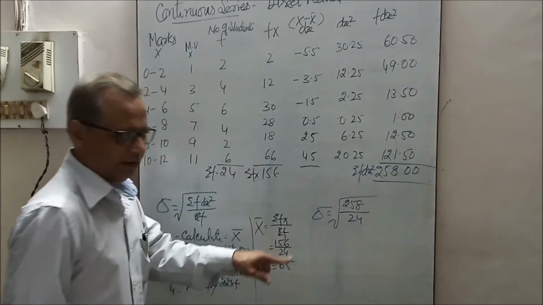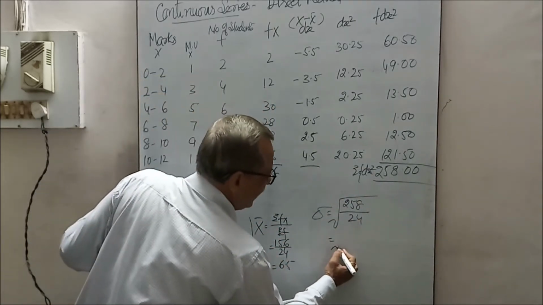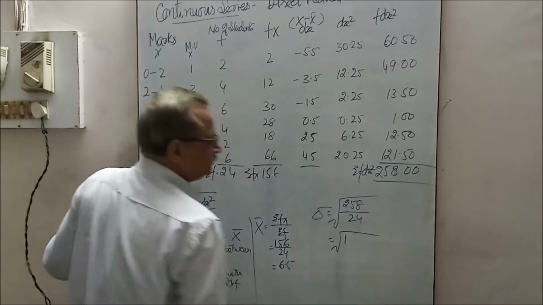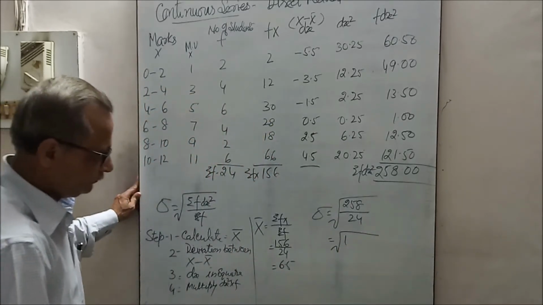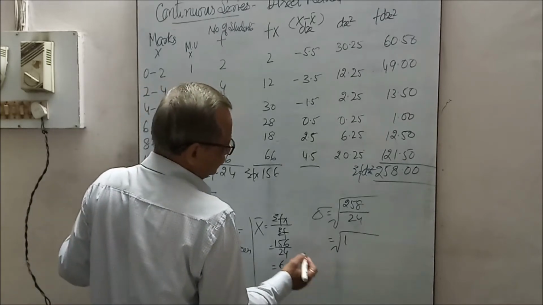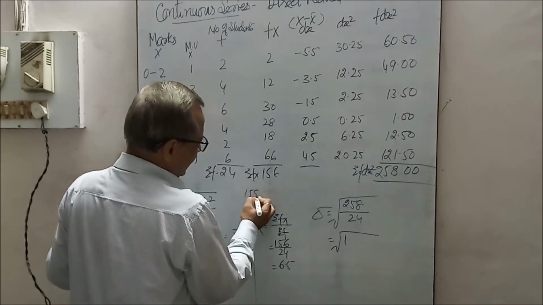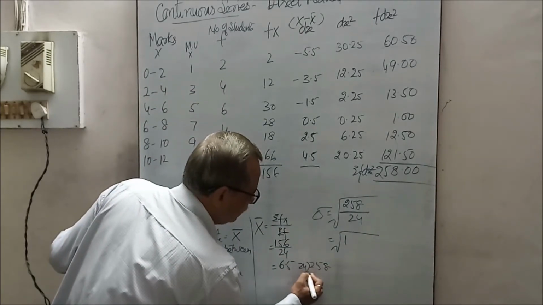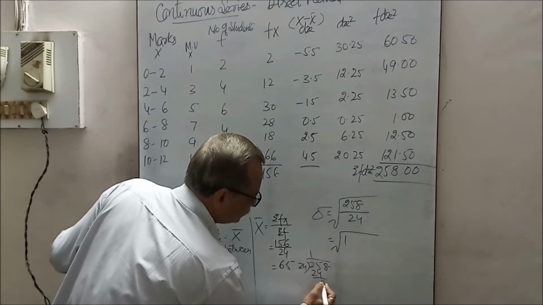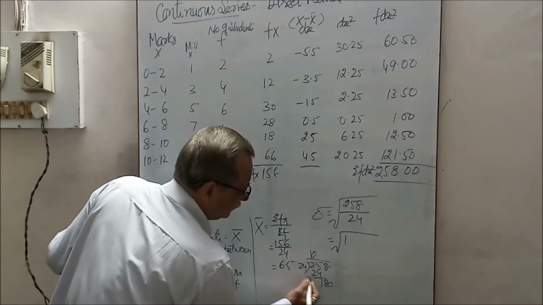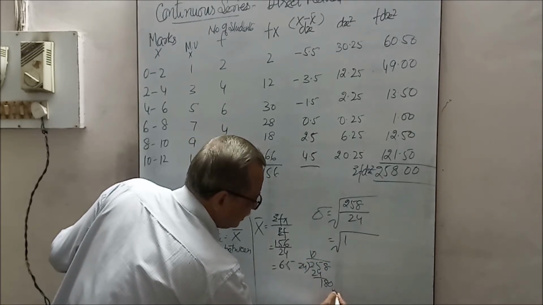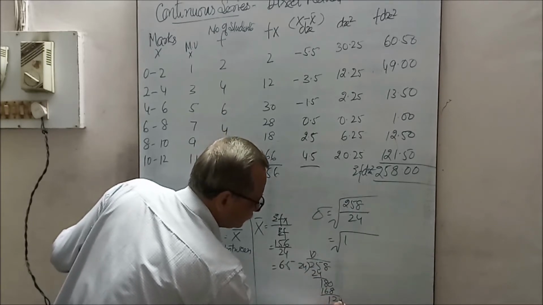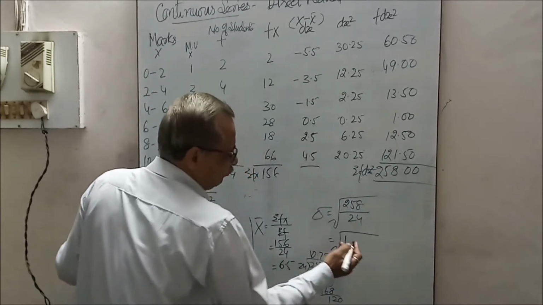It is the direct method. Now divide it. 258 divided by 24 gives 10.75.